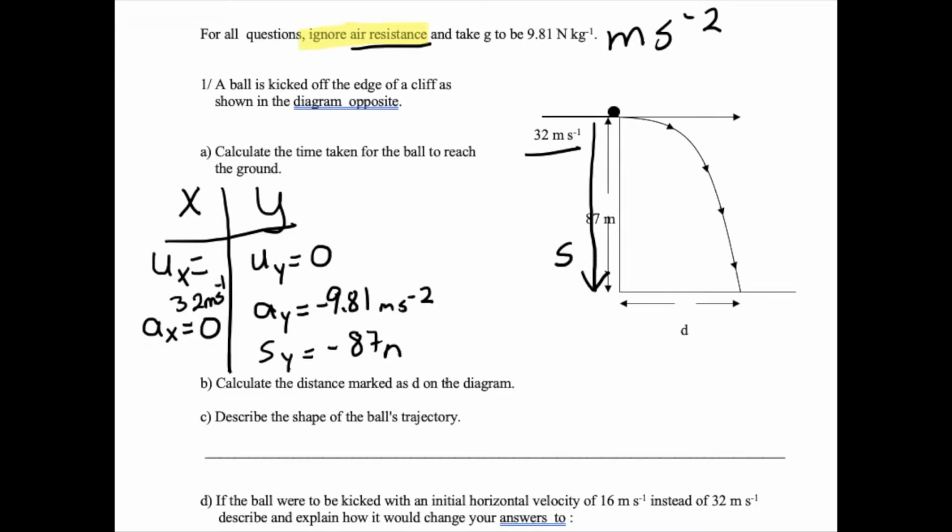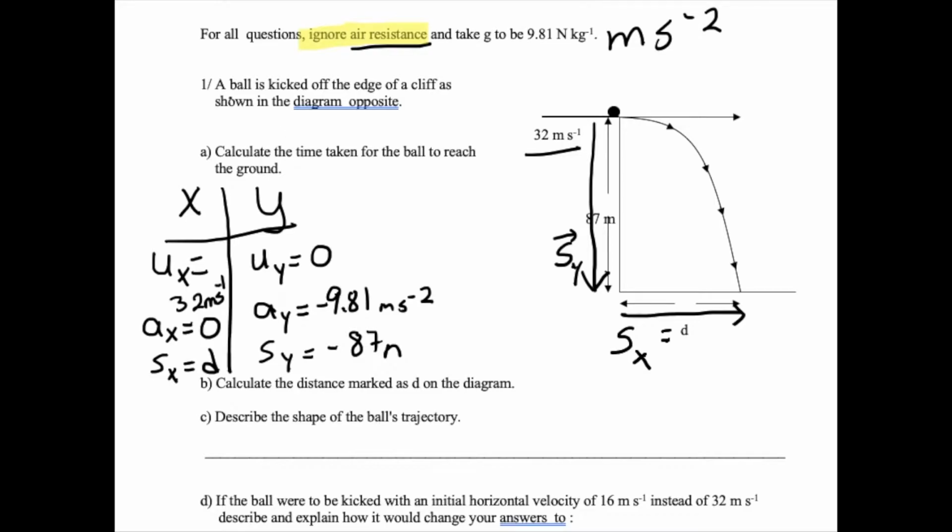This is the displacement vector for the y component, and this is the displacement vector over here for the x component towards the right, which is equal to d. So I will write displacement x is equal to d. This is everything that we know in one chart. So we make this chart to make sure that we use equations of motion using numbers from either this column or that column. So here's how it works.